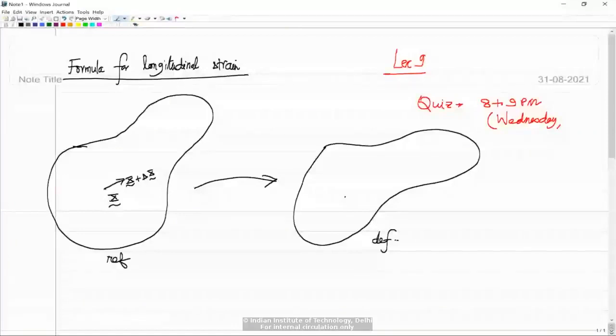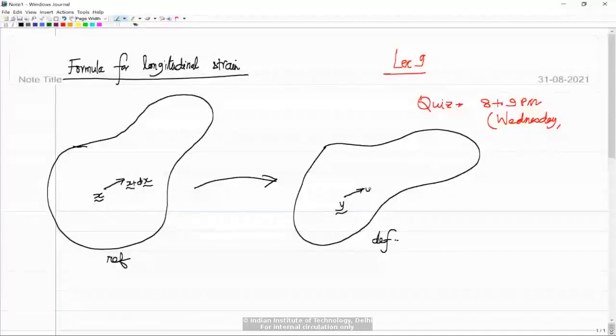I am so used to it that I just started doing that. But in this course, just to be consistent with the book, we are denoting the reference configuration by a small x, and in the deformed configuration it's by a small y. But there are several books using capital and small letters, and I also do that.